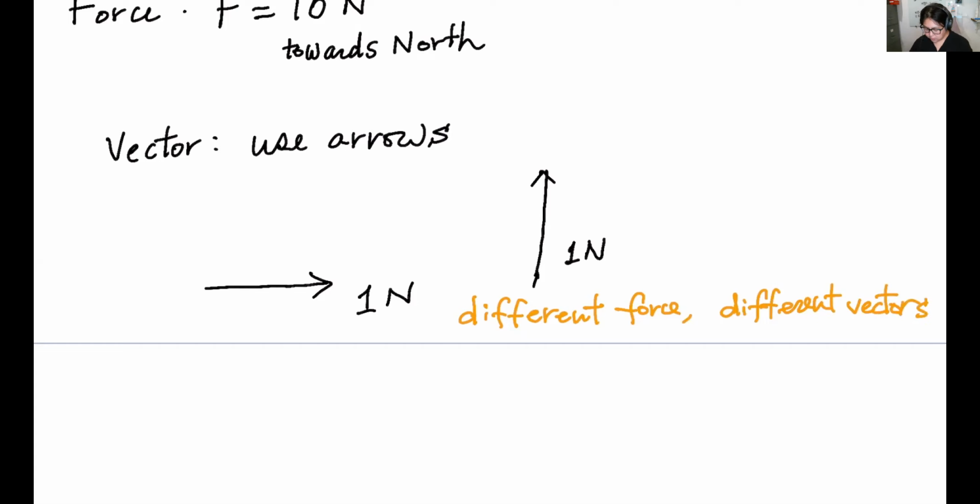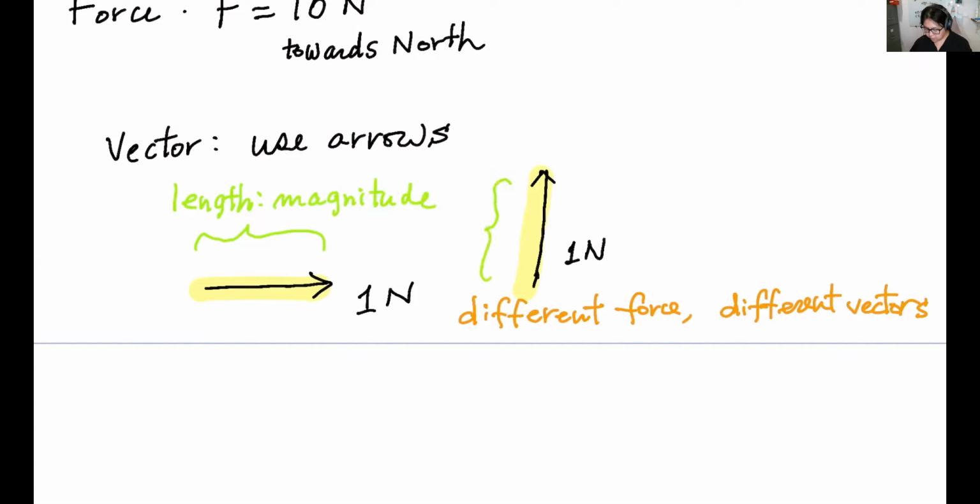So what it means here is the length. When you draw an arrow, the length represents the magnitude. Both of them here are 1 Newton, so the length should be the same.